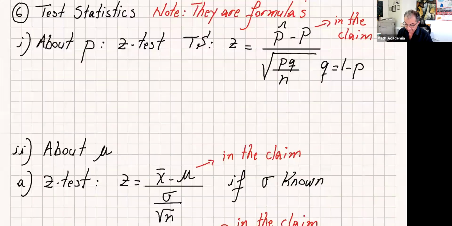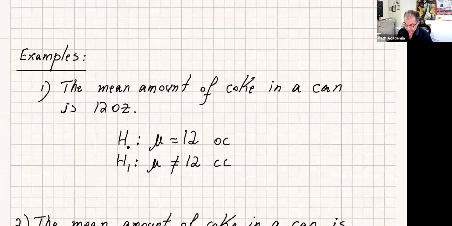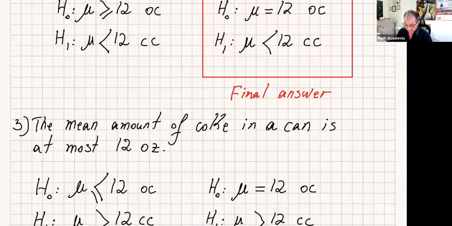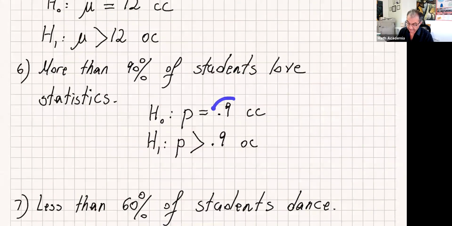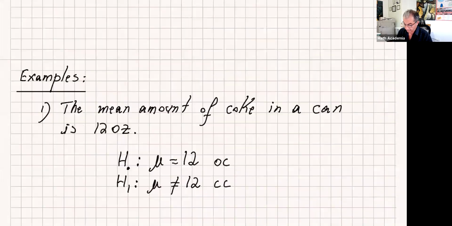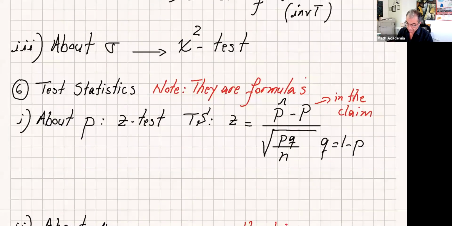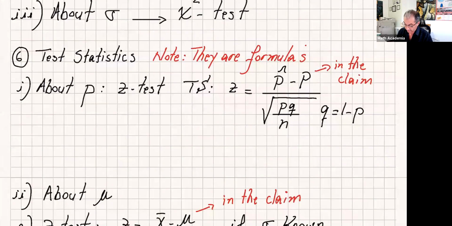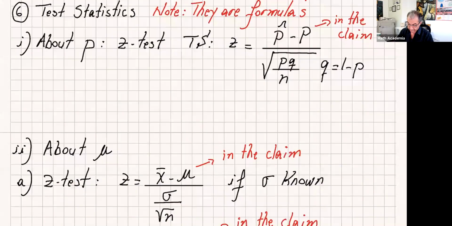In the claim, for example, if I go here in one of the examples, it was about population proportion. In the claim, that's what I'm talking about. So this is the formula if the claim is about population proportion, and just hang in there, we'll do a lot of examples.